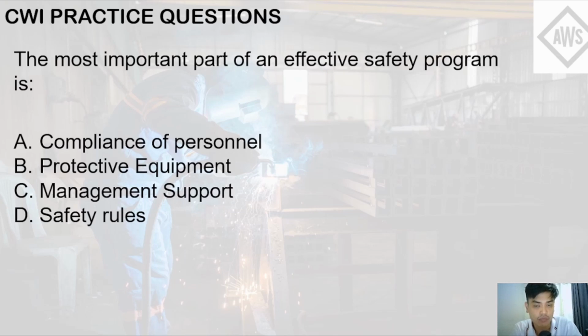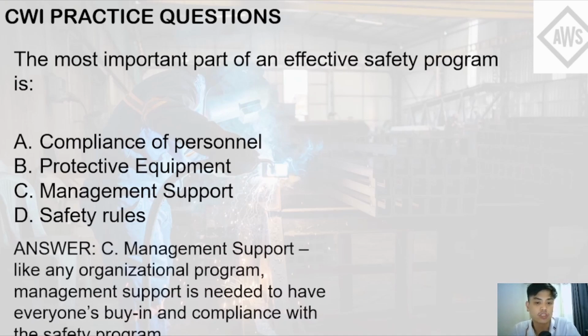So the answer here is letter C, management support. Unlike any organizational program, management support is needed for everyone's buy-in and compliance with the safety program. It needs to start from the top.